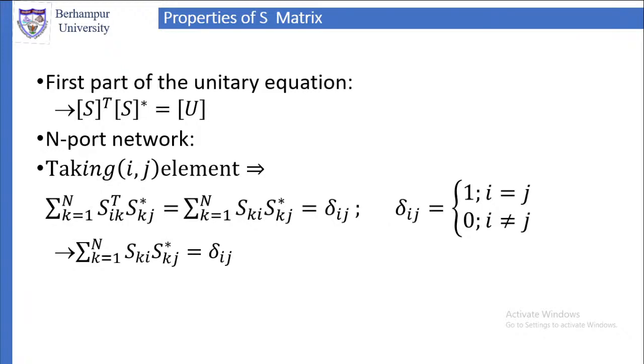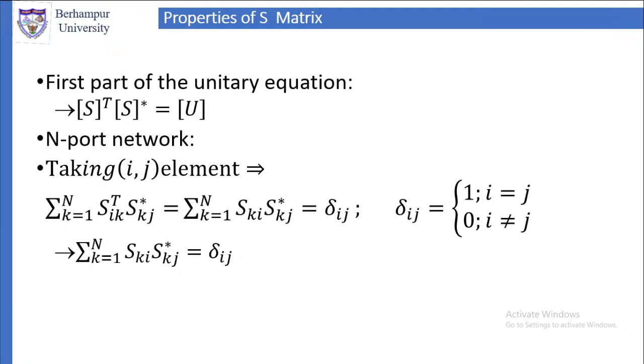From that equation, if you expand it, that will give summation over k is equal to 1 to n, n being the number of ports, of Sik transpose into Skj complex conjugate, by matrix multiplication.